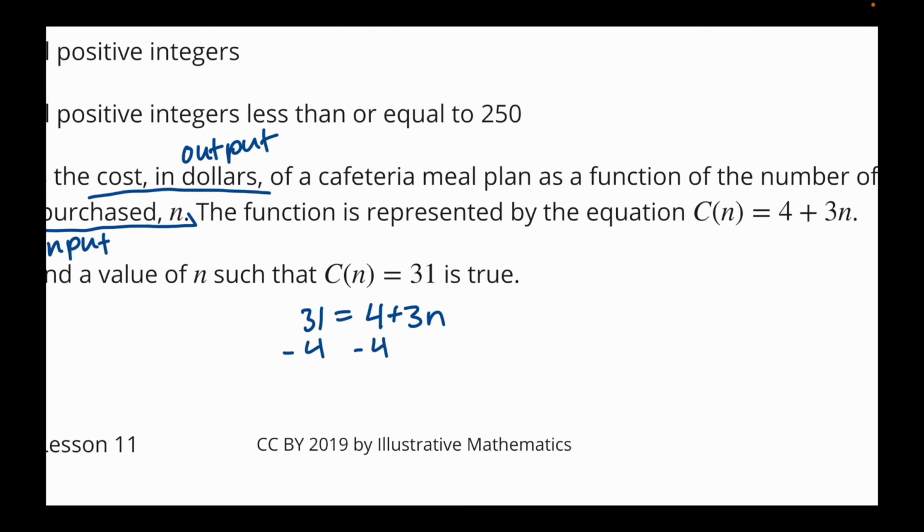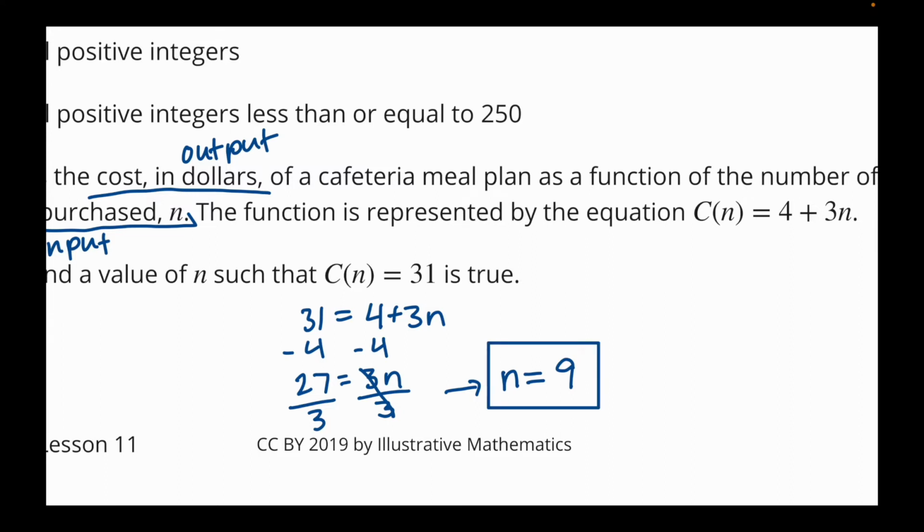So this would be 30, 29, 28, 27. This would be 27 is equal to 3n. And then we would divide both sides by 3. That would give n by itself. And we would end up with n is equal to 9, because 27 divided by 3 is 9. So the number of meals is 9.